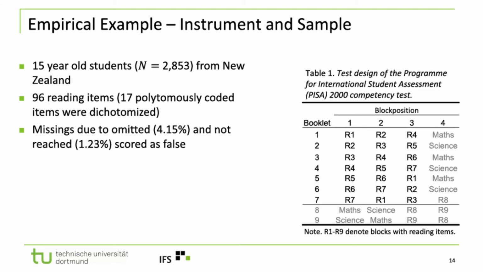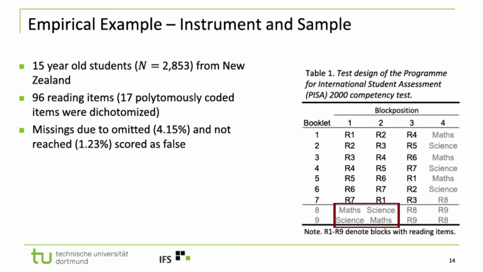The test design used in this study, which is displayed with the table on the right side, needs a little further explanation. Reading was the main domain at that time. This was reflected in the test design in such a way that 7 of the total of 9 test booklets used had purely reading blocks in block positions 1, 2, and 3, and either math or science was administered in the last block position.